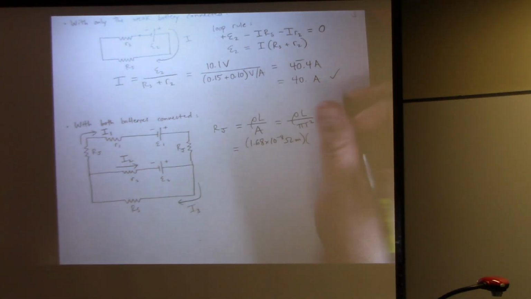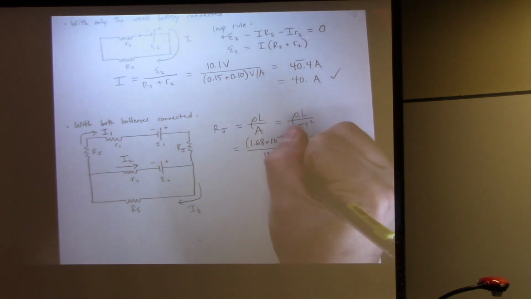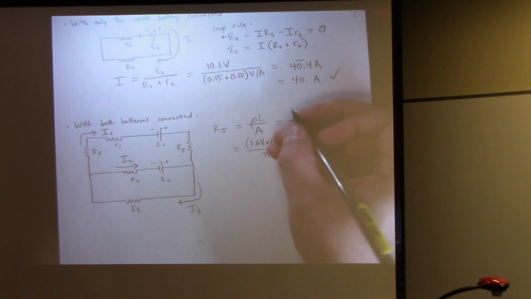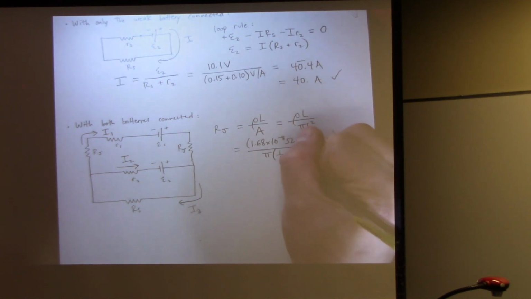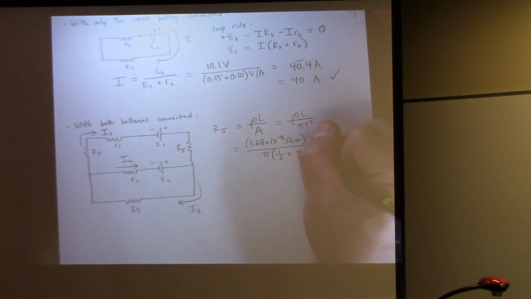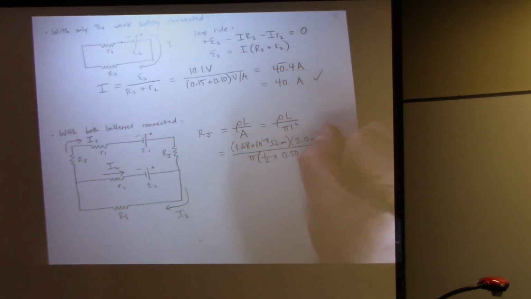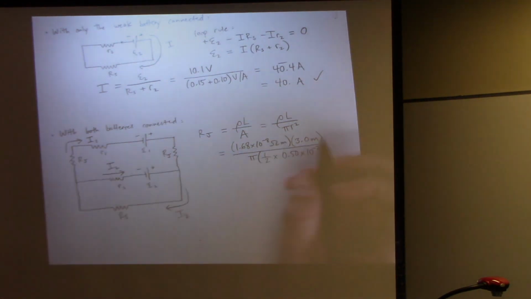Now the length of each one of these cables is 3 meters, so that's L. And then we divide by pi times our radius. Well, we actually are given the diameter, and the radius is half the diameter. So I'll take 1/2 times 0.50, but 0.50 centimeters was the diameter. We want to get this in meters, so a centimeter is 10 to the minus 2 meters.